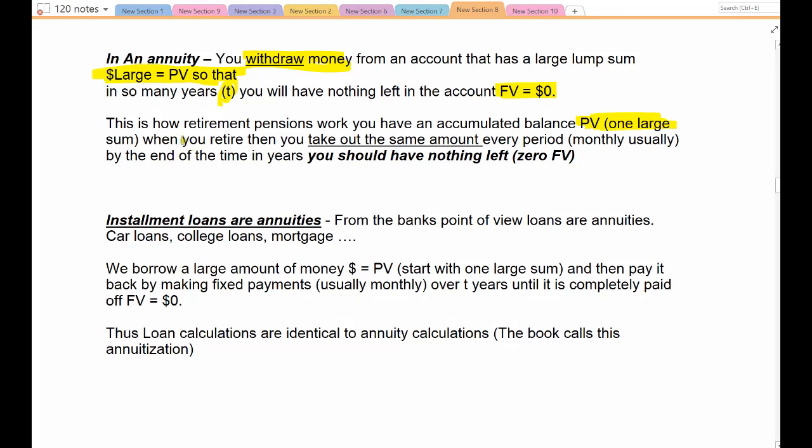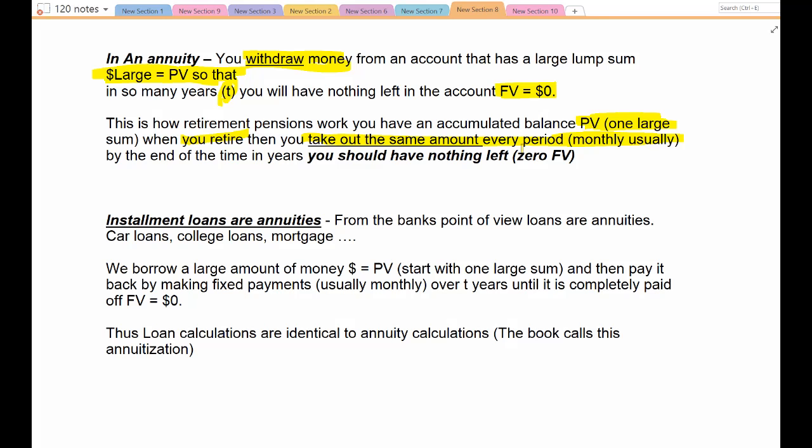You usually take out the same amount of money monthly, $1,200 or $3,000 per month to live off. That's your income, coming from the money you saved while working. You have an annuity, a pension that's set up for so many years.